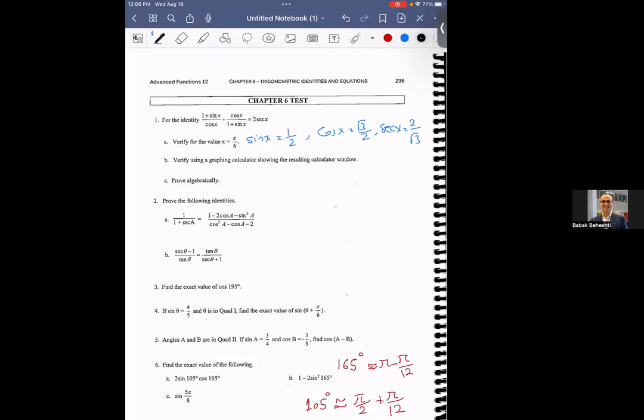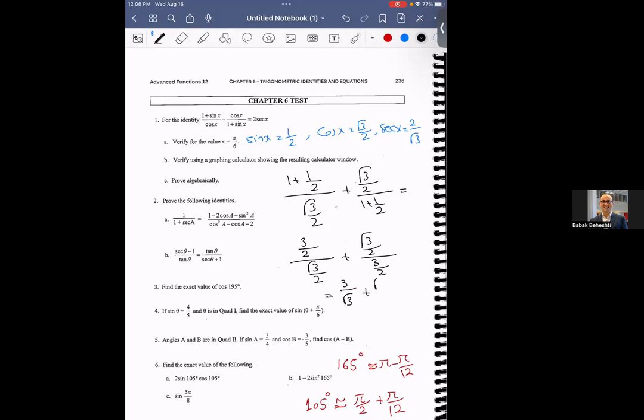Then on the left-hand side, you have 1 plus 1/2 divided by root 3 over 2, plus root 3 over 2 divided by 1 plus 1/2. So let's compute this. You have 3 over 2 divided by root 3 over 2, plus root 3 over 2 divided by 3 over 2, right? Now the first is 3 over root 3.